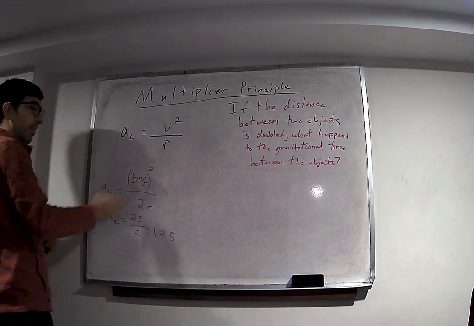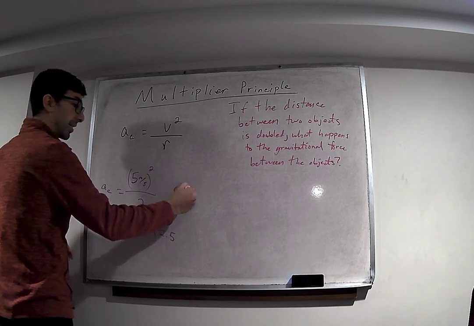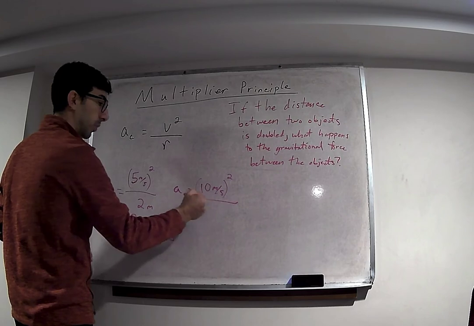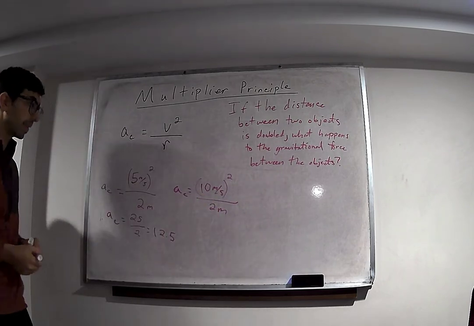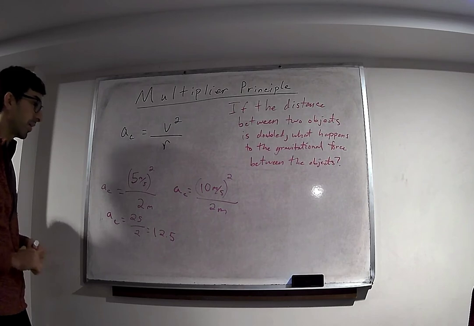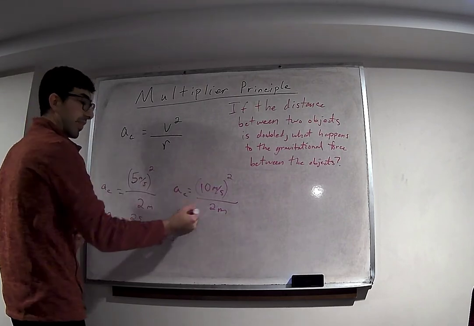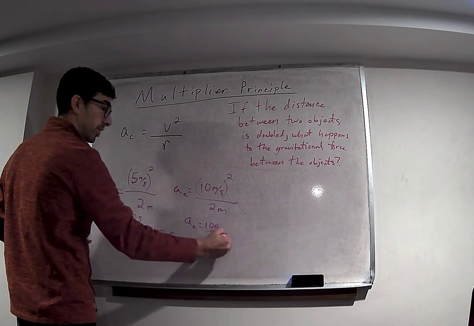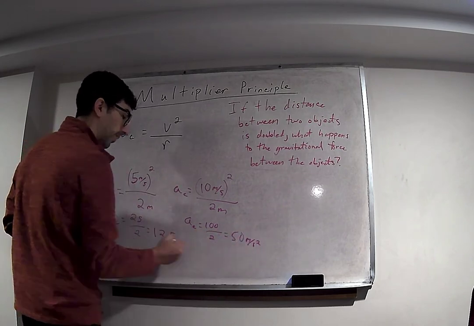And now let's say we double our velocity while keeping everything else the same. What's our centripetal acceleration now? Now we have 10 meters per second, which gets squared, divided by our same radius of 2 meters. When we work through this, we get 10 squared, which is 100, divided by 2, which is 50 meters per second squared.